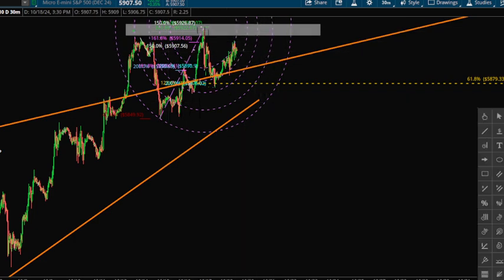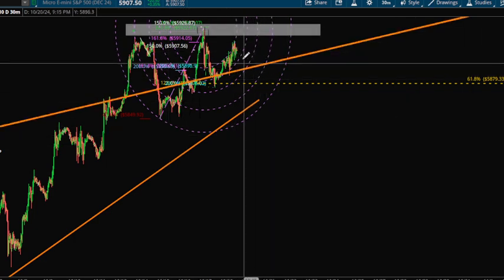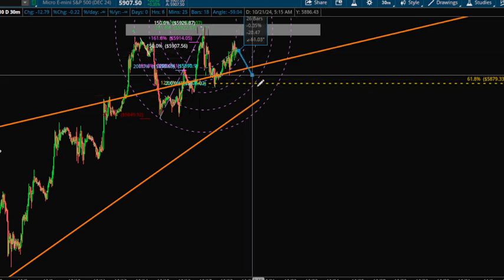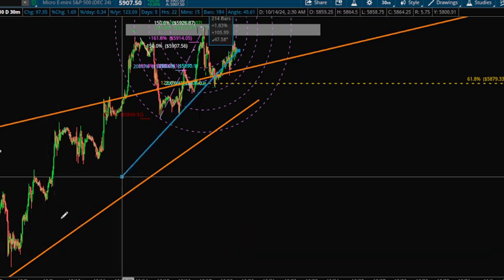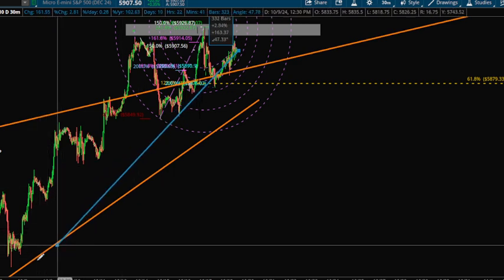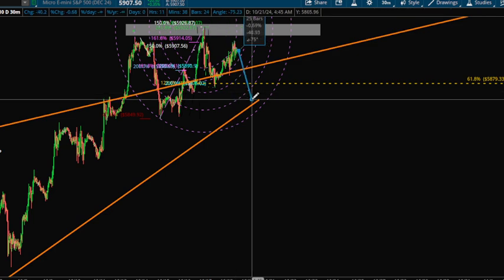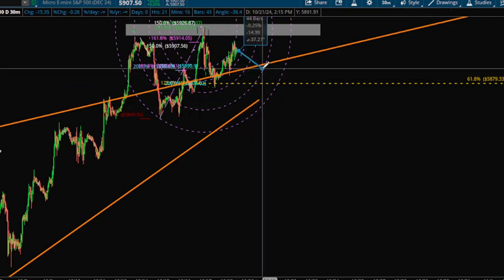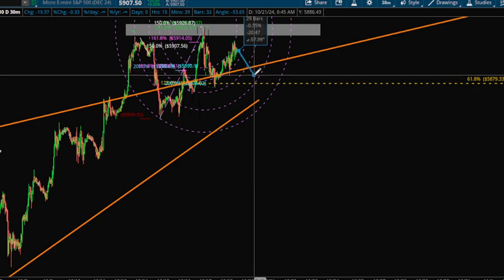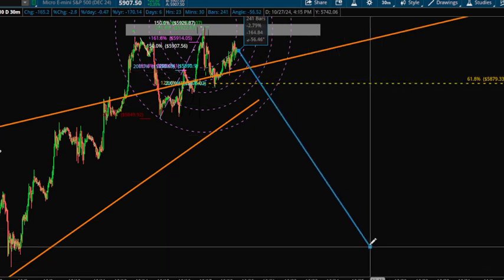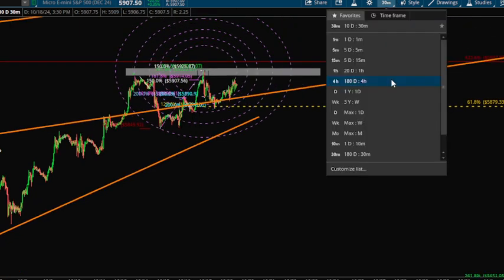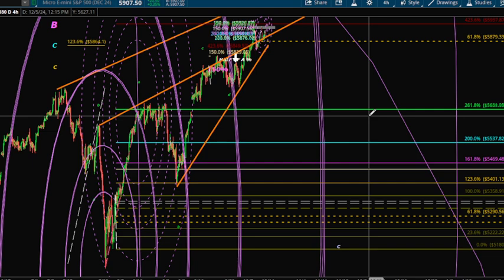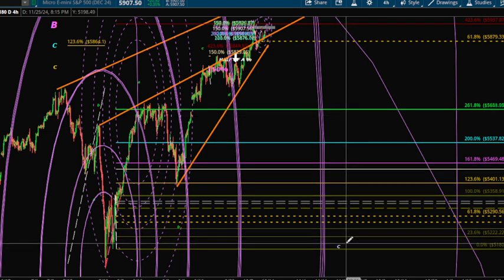I'd be expecting to break all these fibs, maybe hit this trend line on the bottom of our intermediate triangle, and so maybe bounce, hit up, hit one of these fibs here, or the arc, and just continue on down till we get to the target that was on the 4 hour, which is way down here at 52.02, which I think is going to go lower than that even.